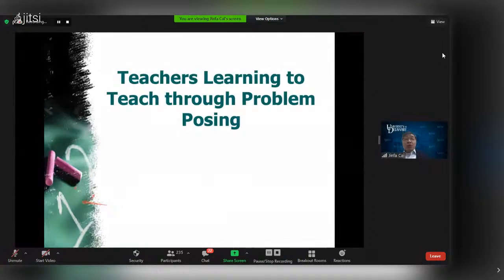One way is that we wait until the textbooks include a lot more problem posing tasks. Then teachers could implement problem posing tasks in the classroom. But personally, we probably shouldn't wait, and perhaps teachers could learn to teach through problem posing. Based on existing textbooks with a few problem posing tasks, they could convert other kinds of mathematical activities into problem posing activities.